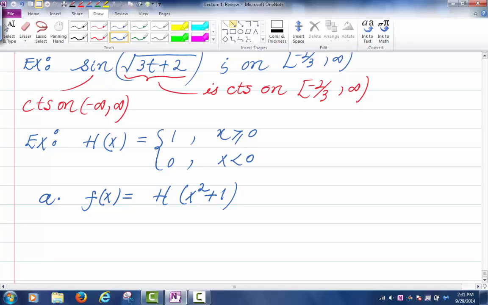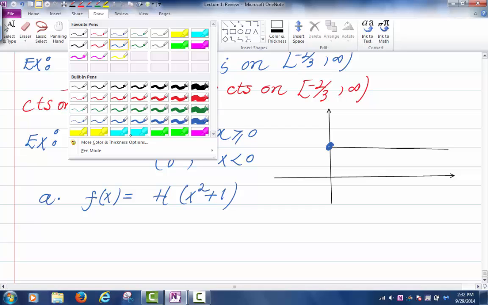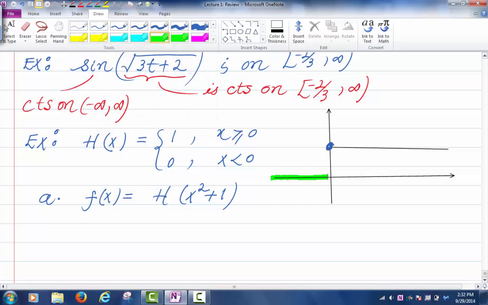The Heaviside function graph looks like the following: the graph is like this, and then I have a hole right here, and this is the height at 1.